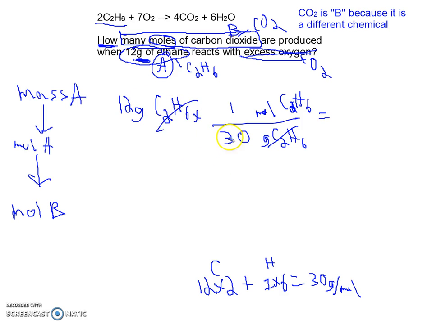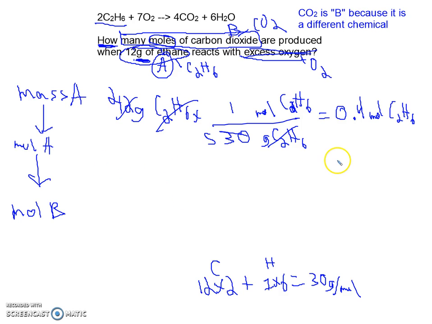Grams cancels out. Then you do the math. That gives us 12 over 30, and you can divide both by 6. That gives us 2 over 5, and 2/5 is 0.4 moles C2H6.